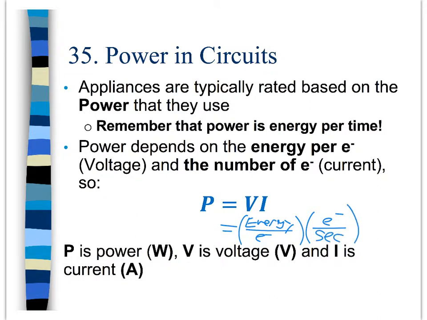When we multiply those together, the electron piece cancels out, and we get energy per second, which is equivalent to our power. That's where that equation comes from. We will sometimes use this to link the voltage and current of a particular appliance to the amount of power consumed. So power is voltage times current. Power is going to be measured in watts. That's the standard unit. Voltage, of course, is in volts, and current is in amps.